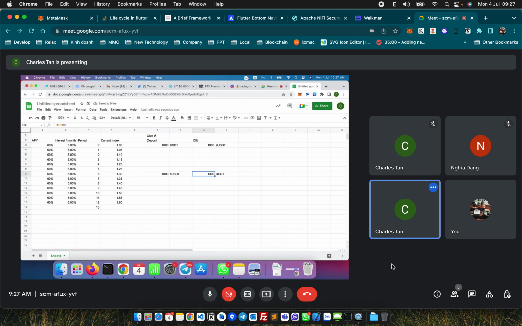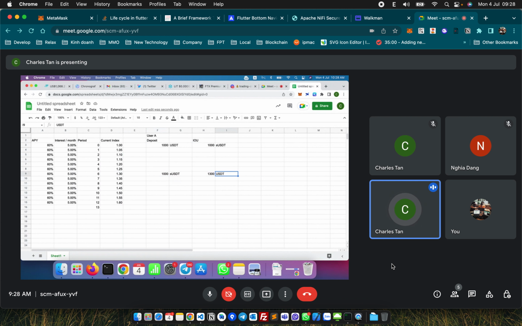So the unstaking contract should say, okay, I will take this 1,000 sUSDT and I will give you back 1,000 times 1.3, which is the current index of USDT, right?